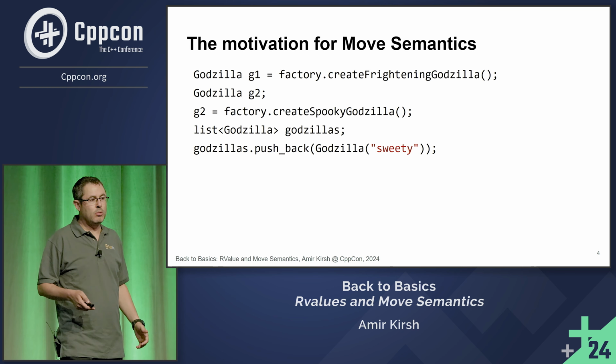Let's use something like ampersand. Oh no, ampersand was for the first one. So double ampersand. Okay, let's have double ampersand as the symbol for R-value reference: a reference to an object that the compiler sees is going to die at the end of the statement, that this object is temporary. Okay, so we can distinguish between the two.